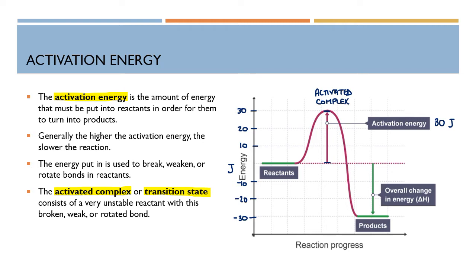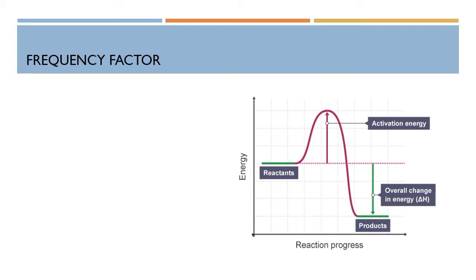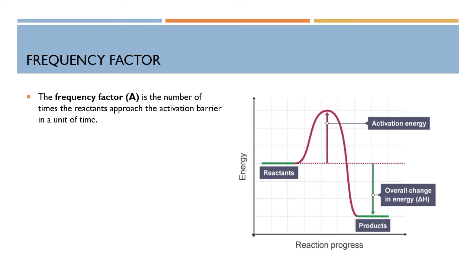Once that activated complex is made, this reaction will release 60 joules of energy, so a net of negative 30 joules. That's our total change in energy: negative 30 joules, because we put in 30 and then 60 were released. That makes this an exothermic reaction, because the products are lower in energy than the reactants.